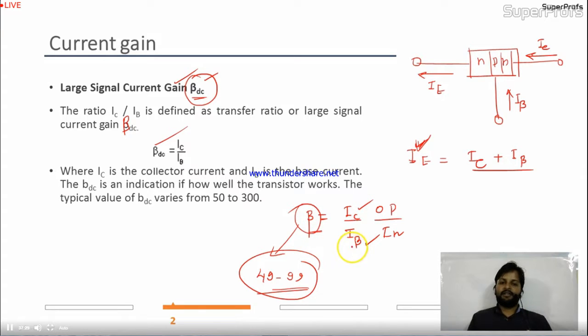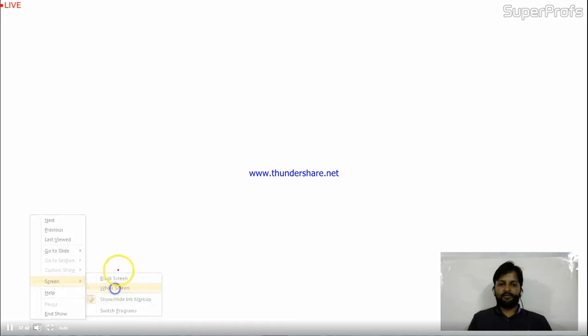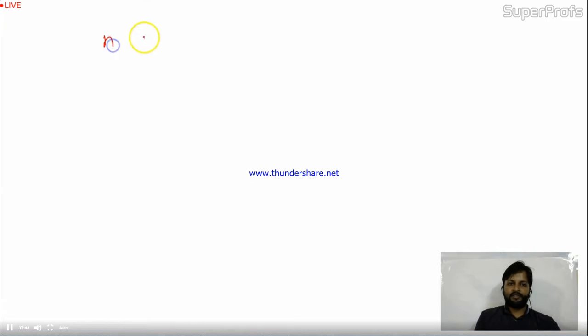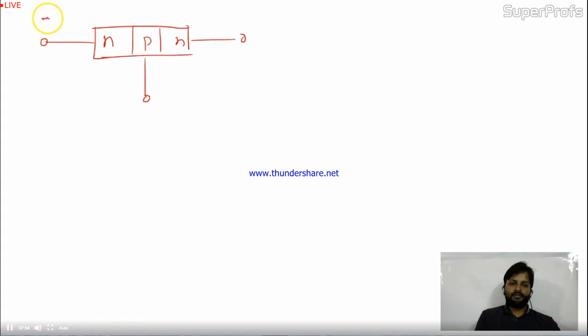Output by input. Similarly, we have another parameter, that is alpha, and alpha is IC divided by IE. Let me take it on the next page so it will be clear to you. I'm considering the NPN region. This is the emitter part, collector part and base part.